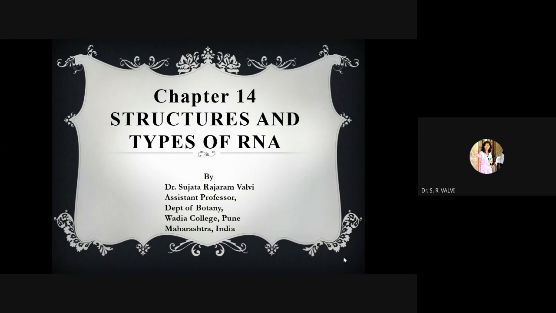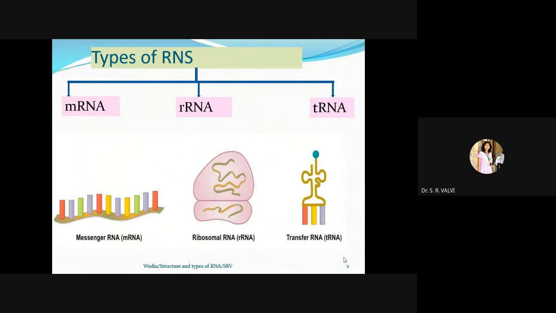Now I'm going to explain in detail about tRNA, transfer RNA. There are three types: mRNA, rRNA and tRNA. Today we will discuss in detail this particular tRNA. What is the structure and what is the function of tRNA?